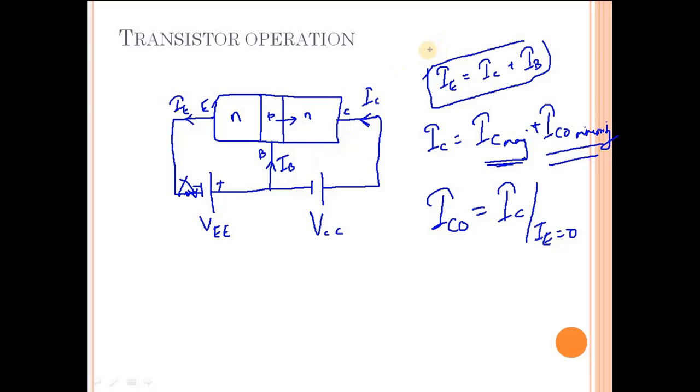And what more is common between both cases? This equation also holds appropriately in both cases: IC equals IC majority plus ICO minority. So this equation is true for both NPN and PNP BJT.